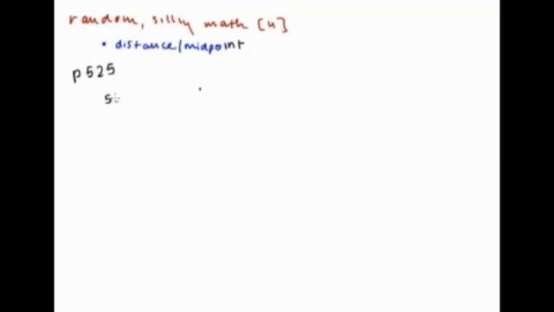So the first question that she gives us is, if A is situated at point (3, -2), and B is situated at (5, 4), then what is the distance between these 2 points? In other words, what is the length of AB in simplest form?